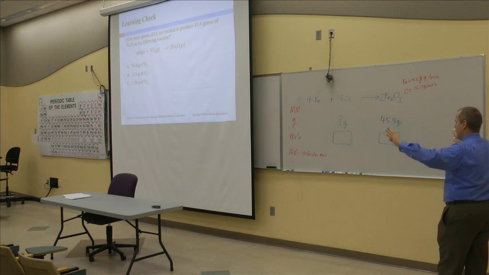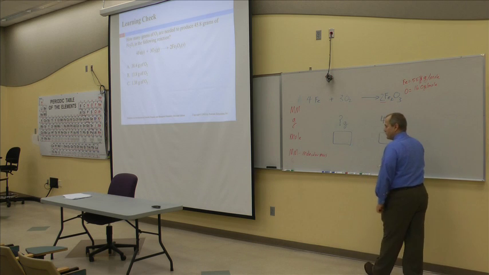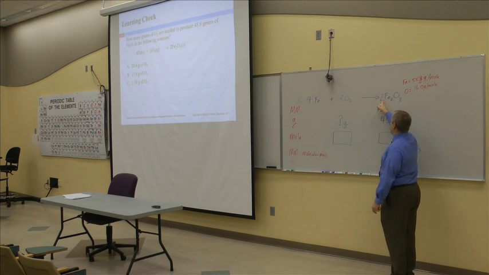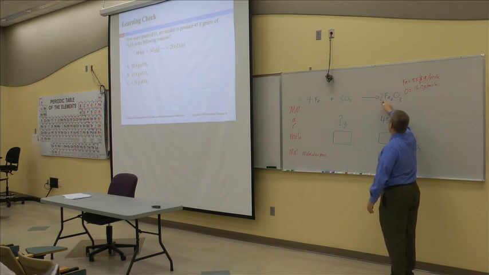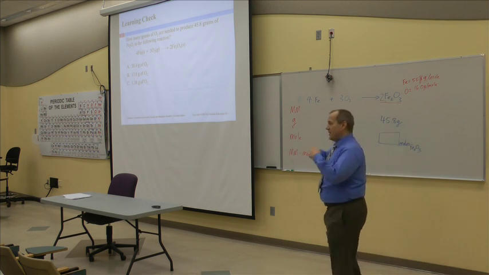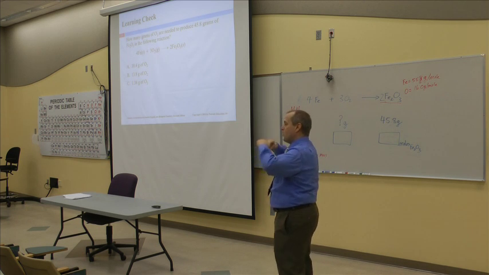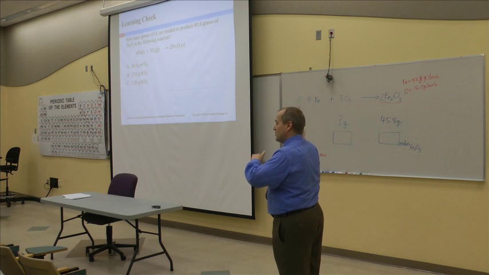Now, I have a common error. I just thought of this. It's a very common error. For some reason, and I don't really know why, people like to say, well, there's a 2 here, so that means I have 4 here. No. Don't do that. Take just the formula I give you and don't worry about this number here yet. You're going to calculate the molecular mass of a formula. Don't worry about the balanced equation.